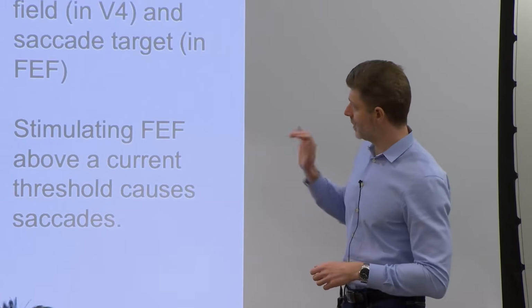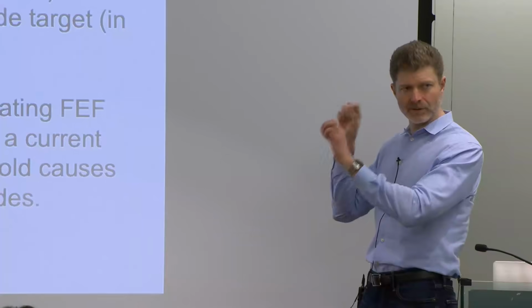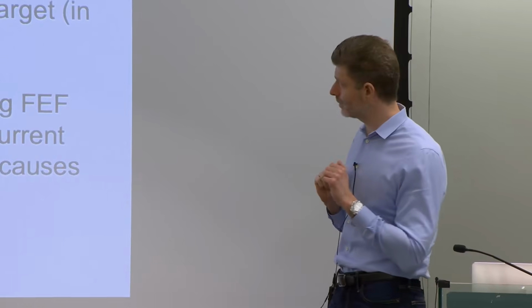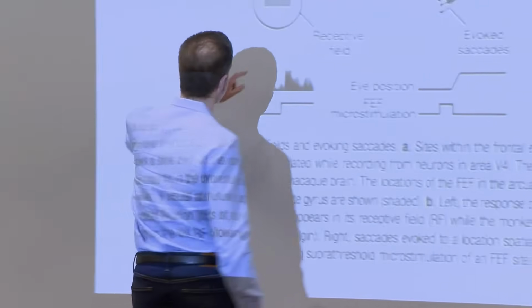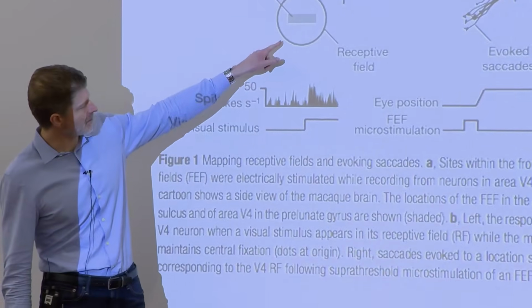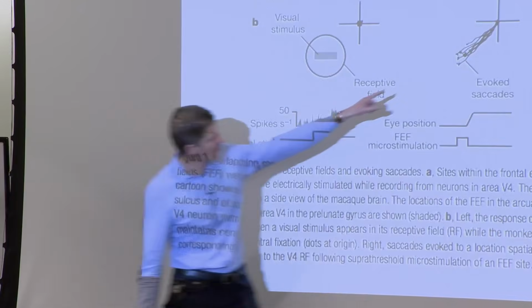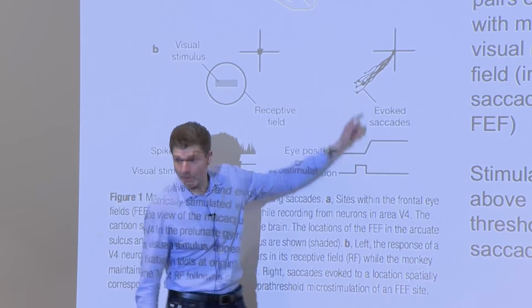Okay, so in this experiment, as it says on the slides, there's electrodes in both the frontal eye fields and V4, and they're recording from pairs of neurons, and they move the electrodes around until they find pairs of neurons that are matched. And they're matched in the following sense. Okay? So they're finding pairs of neurons, one of which is in V4, that has a receptive field at a particular location, and that receptive field location is approximately matched to where the eye movements go to when you stimulate at that location in the frontal eye fields.